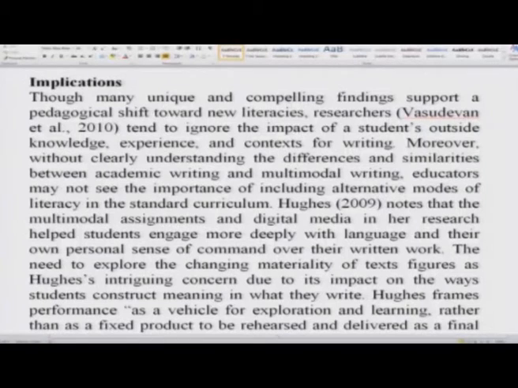Though many and unique compelling findings support a pedagogical shift toward new literacies, researchers Vasudevan et al. 2010 tend to ignore the impact of a student's outside knowledge, experience and context for writing. Moreover, without clearly understanding the differences and similarities between academic writing and multimodal writing, educators may not see the importance of including alternative modes of literacy in the standard curriculum.